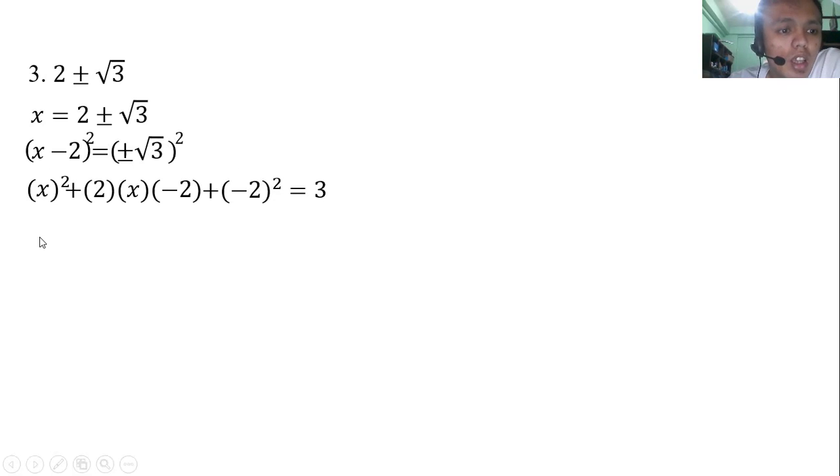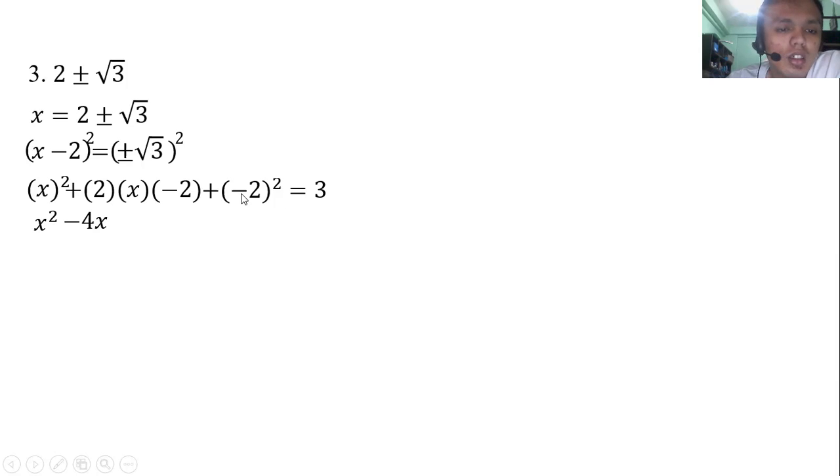So we have here x raised to 2 is x squared. 2 times x times negative 2 is equal to negative 4x. Why is it like this? Remember squaring a binomial? This is that method. We square the first term, then multiply x times negative 2 times 2 for the second term, and then we square the last term.